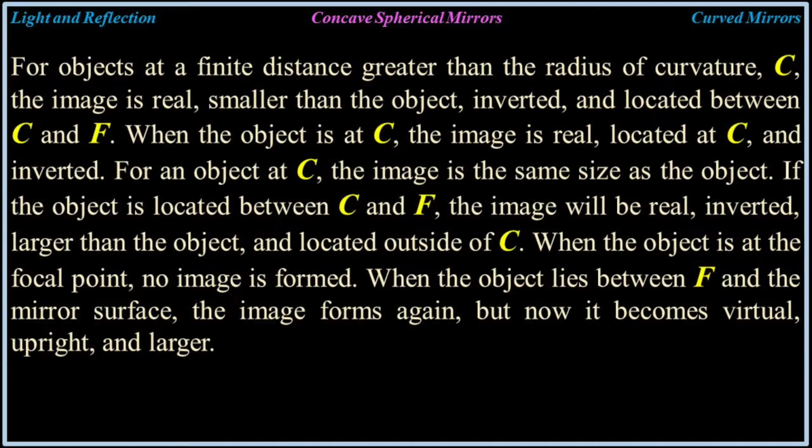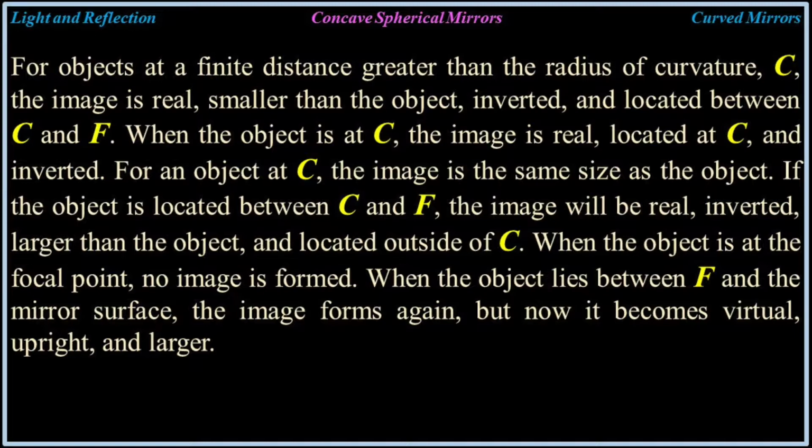When the object is at C, the image is real, located at C, and inverted. For an object at C, the image is the same size as the object. If the object is located between C and F, the image will be real, inverted, larger than the object, and located outside of C. When the object is at the focal point, no image is formed.